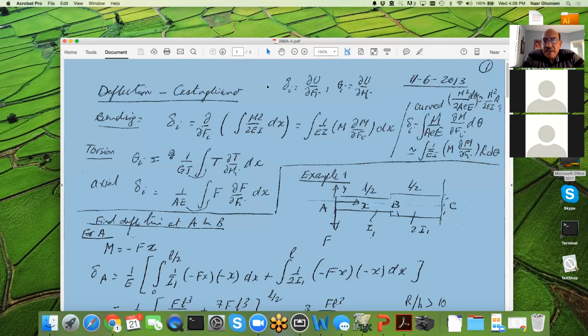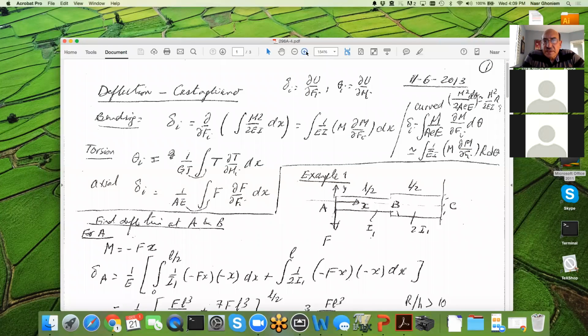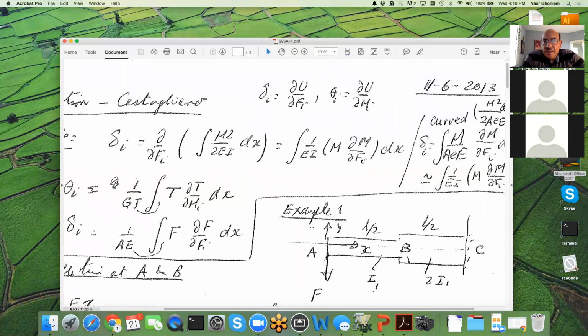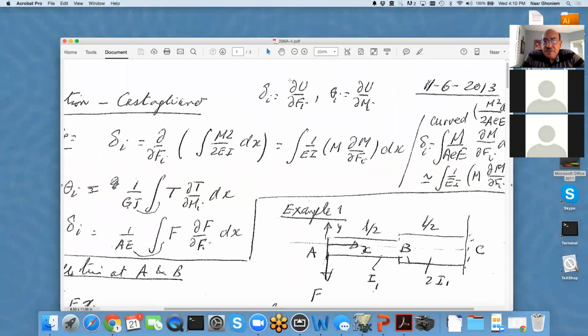So in Castigliano's theorem, what we've learned is that if we would like to calculate the deflection, then the deflection is the rate of change of the elastic energy with respect to the force at a given point, and the deflection has to be in the same direction as the force itself.